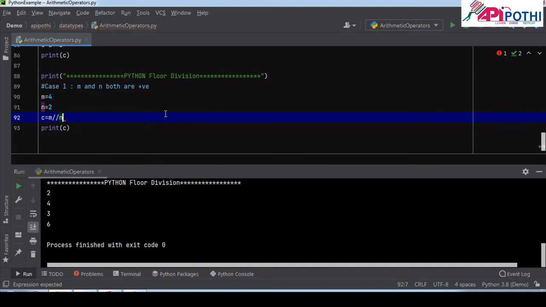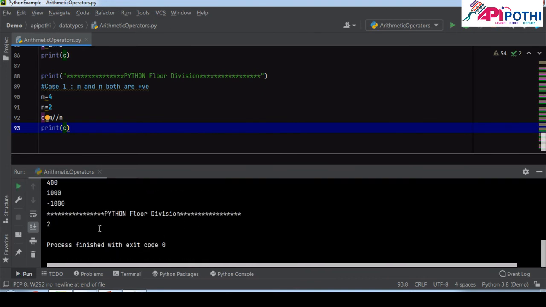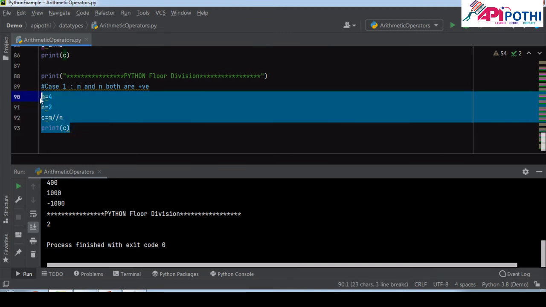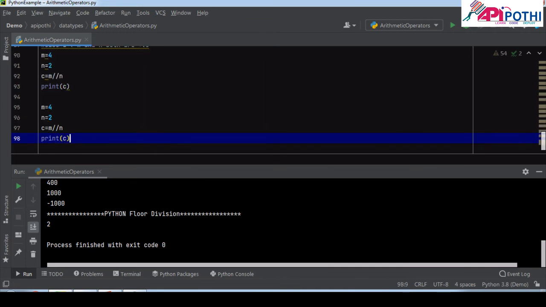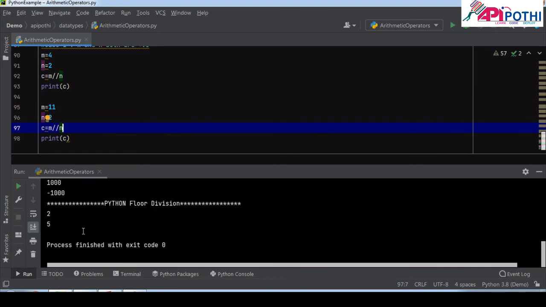In this case I am just storing the value inside c and printing c. Let's see, it is saying 2 because 4 is perfectly divisible by 2. But the condition is that m and n both should be positive. Now m floor division n should give 5. It is giving 5.